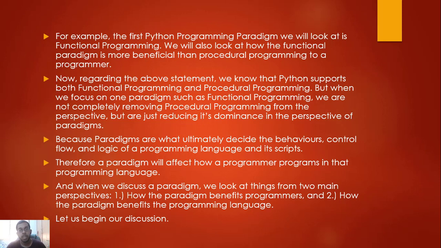Because paradigms are what ultimately decide the behaviors, control flow, and logic of a programming language and its scripts. Therefore, a paradigm will affect how a programmer programs in that programming language. And when we discuss a paradigm, we look at things from two main perspectives. Number one, how the paradigm benefits programmers, and number two, how the paradigm benefits the programming language. Let us begin our discussion.